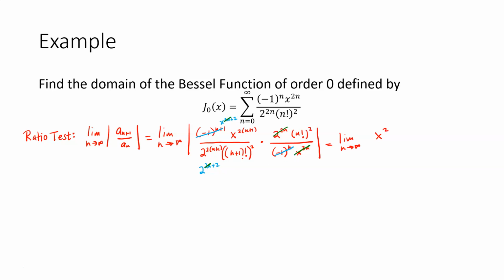We simplified the 2 factors and we're left with 2 squared in the bottom. We got rid of the negative 1 factors. What's left are these factorials. Remember here that (n plus 1) factorial is the same as (n plus 1) times n factorial, and then we're squaring it. So squaring each of these factors here, we can then divide out the n factorial squared here. So I'm left with (n plus 1) squared in the denominator.